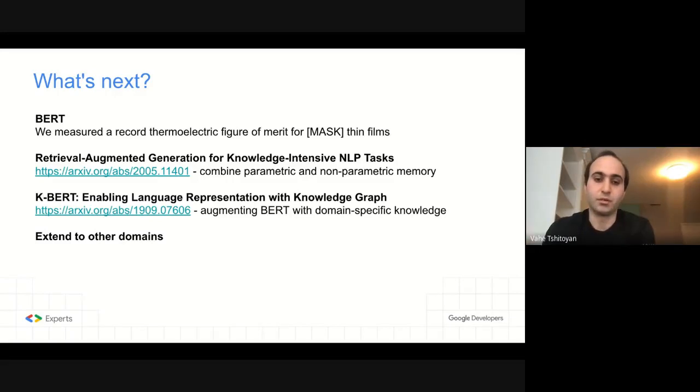You just want them to be known as facts for your model to be aware of. And similarly here, combining BERT with some non-parametric memory. In this case, I think this was just a lot of text where you can find the correct answers. They used it for question answering. Of course, you could extend this to other domains. So there are definitely some interesting things you could do in improving your hypothesis generation.